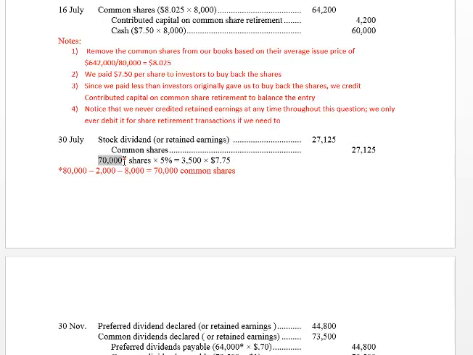Well, we can see here from the calculation I've done below, we have 70,000 common shares as of July 16th. How do we know? Because the question told us that at the beginning of X5, we had a total of 80,000 common shares.